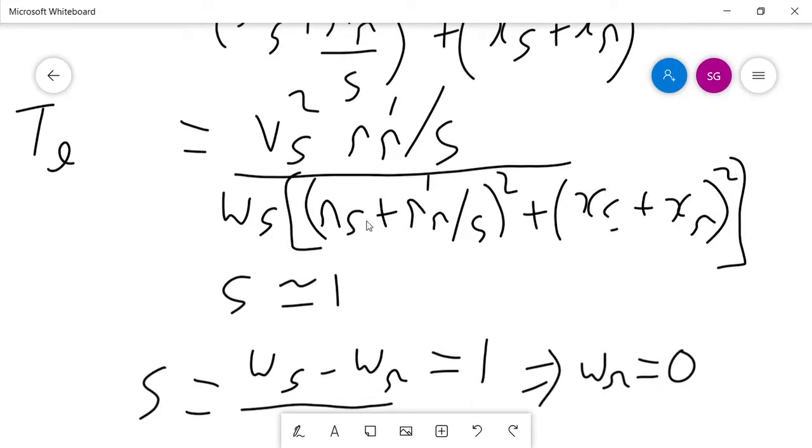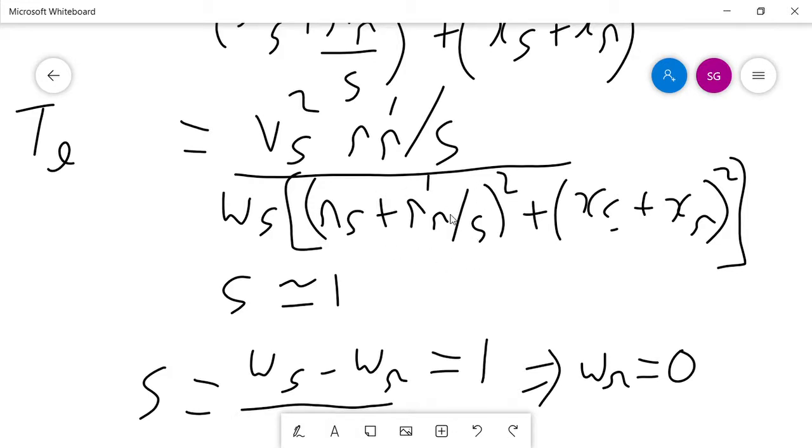The slip is coming in the denominator, but that doesn't matter. The real thing is this: when the slip is very near to 0, then Rr by s becomes a very huge quantity. So we can always neglect Rs and Xs plus Xr in comparison to this quantity. So what will the electromagnetic torque become?